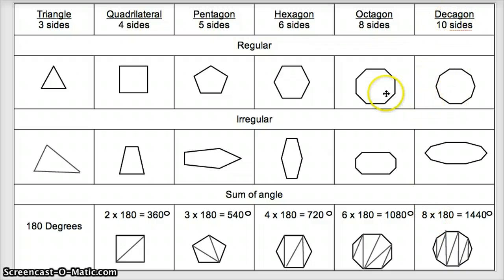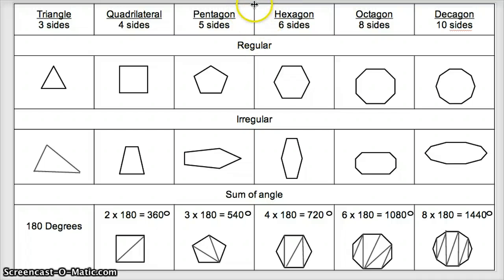So for example, if I had a 16-sided figure, I would multiply 180 times 14 to get the degrees. People always ask, what is a 7-sided figure and what is a 9-sided figure? Those are not common polygons. They exist, but they're not common. These are the 6 common ones that you need to know about.